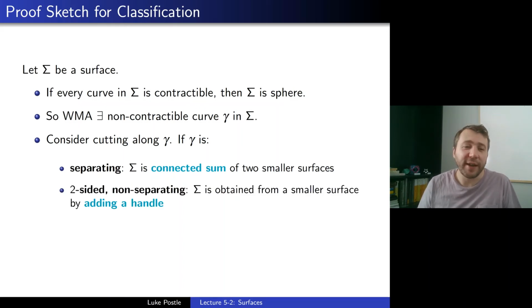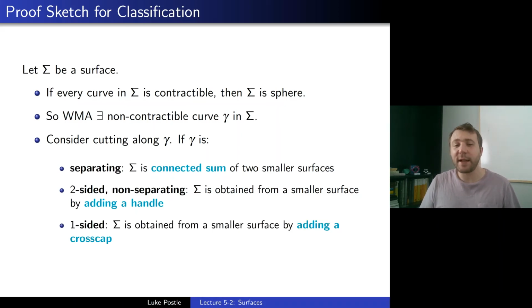If it's two-sided but non-separating, then what is happening is we don't separate into two different surfaces, we just have one smaller surface, and then we add these disks. That's the inverse process of adding a handle. So cutting along this would be inverting the process of adding a handle, so sigma would be obtained from a smaller surface by adding a handle. And then the last option is that it's a one-sided curve. One-sided curves are never separating, and so what you get is you're inverting the process of adding a cross cap.